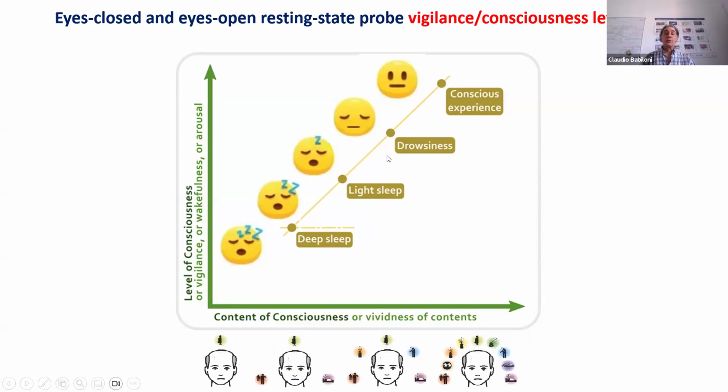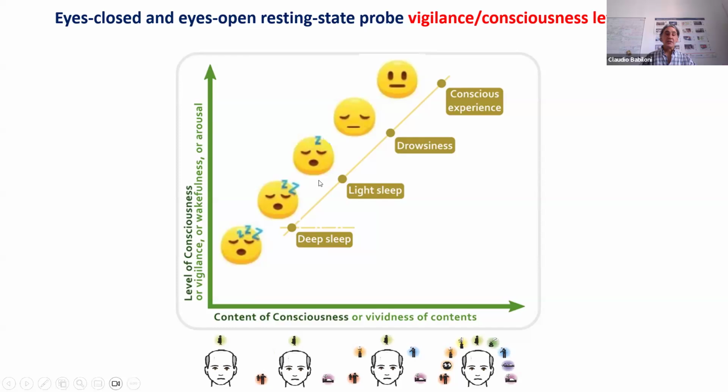Also important for the regulation of cortical arousal and vigilance are the thalamocortical interactions. We will see these in the next slides.